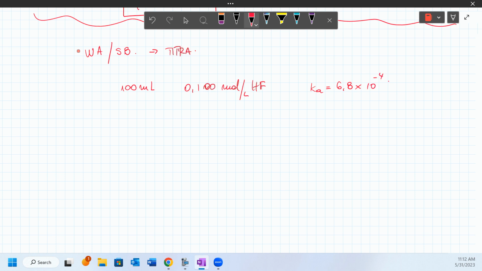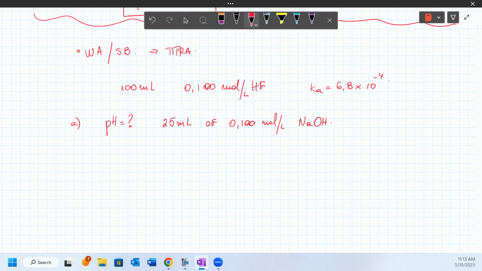And then we are calculating what the pH is after adding 25 milliliters of 0.100 moles per liter of sodium hydroxide, a strong base. Then we'll go with 50, then 100, then 150, and then we'll call it a day.